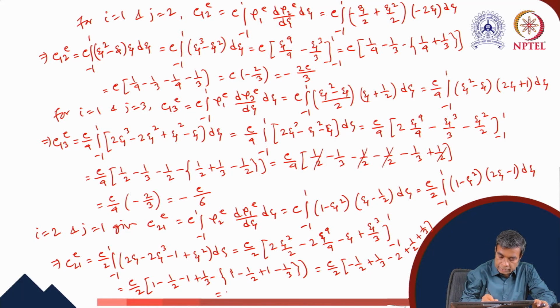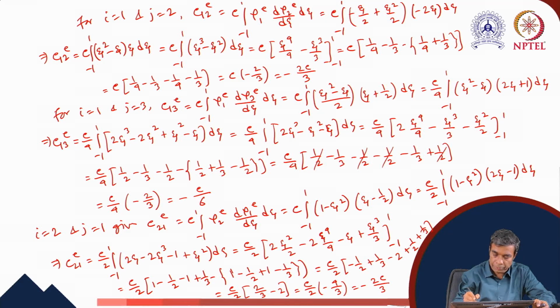So this gives us c by 2 into minus half and half, they cancel out. So 1 by 3 plus 1 by 3 equals 2 by 3 minus 2, equals c by 2 into minus 4 by 3, equals minus 2c by 3.